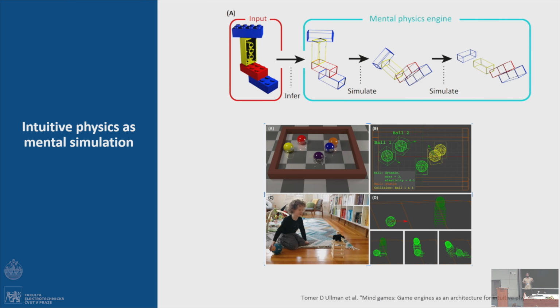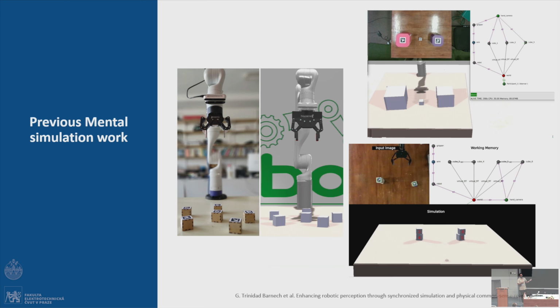In more classical work, they try to predict if a tower of blocks is going to fall, if 2 objects are going to collide, or things like that. In our previous mental simulation work, we've been playing around with the idea of how this mental simulation, equipped with physics and collisions, can inform what I perceive.